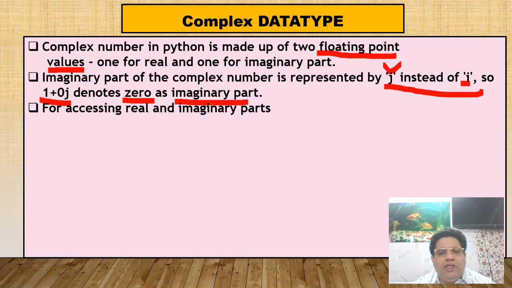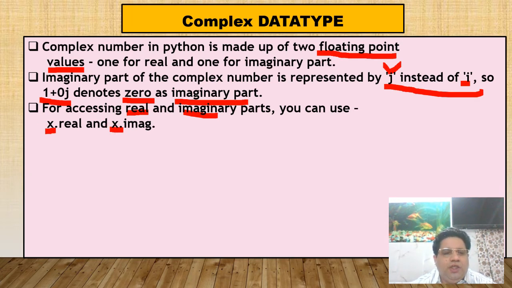Now if you want to access the real and imaginary part from a complex number, you have to use x.real and x.imag. Now x is an object that is storing the complex number, means it is the variable that is storing the complex number. You can use any variable name here. For example, if I write x equal to 1 plus 3j, see here x is a variable that stores 1 plus 3j.